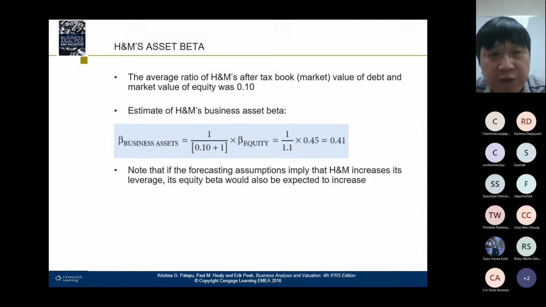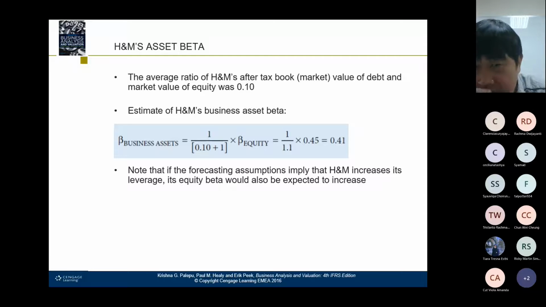For example, the average ratio of after-tax book value of debt to the market value of equity was 0.10. Estimating the business asset beta, we have 0.41 after we input all the parameters into the equation.